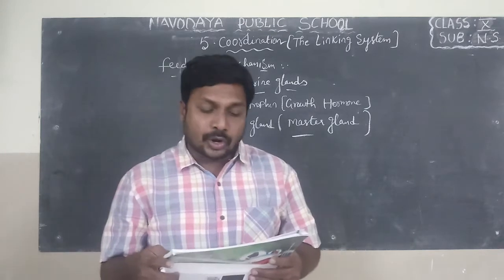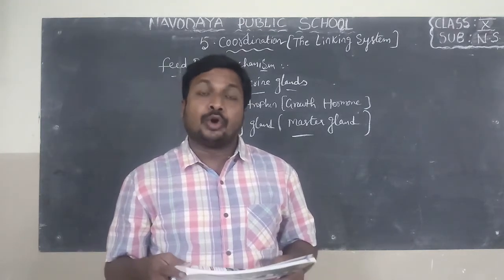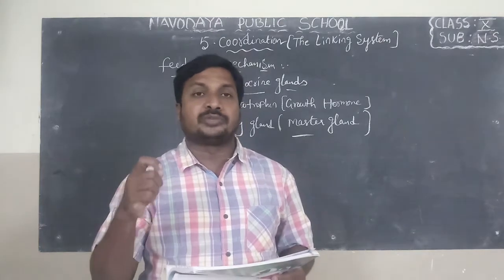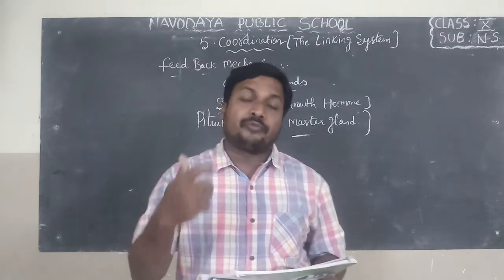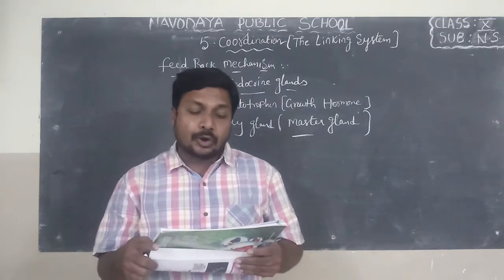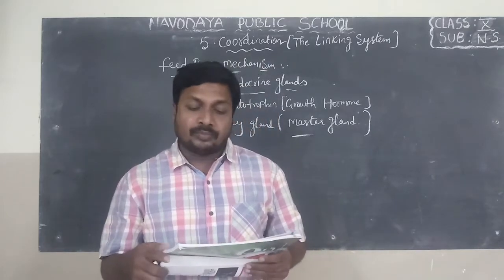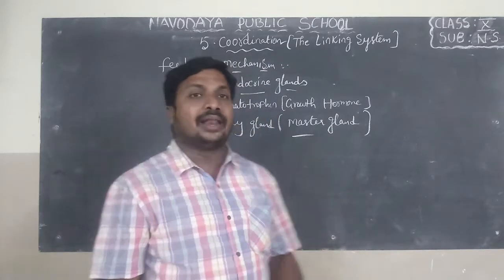Next one is gonadotropin, which is responsible for the activity of the ovary in females and testis in males. Fourth one is adrenocorticotropic hormone. It stimulates the secretion of the adrenal cortex.